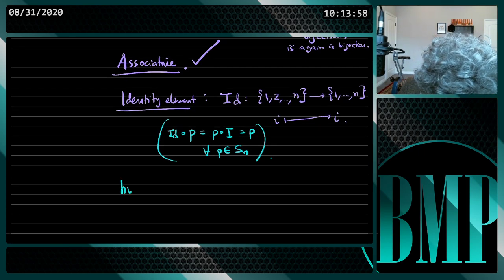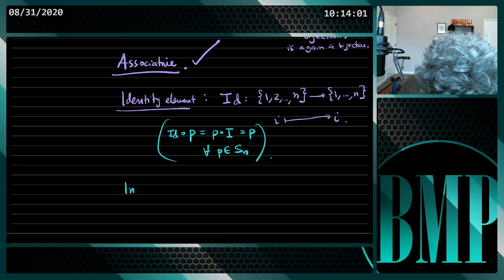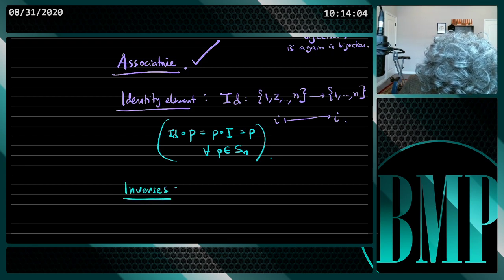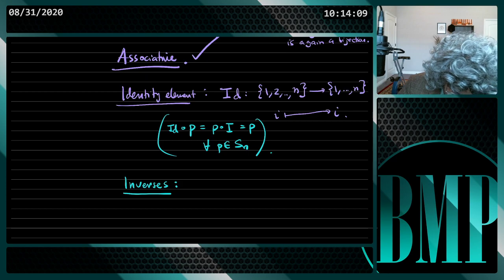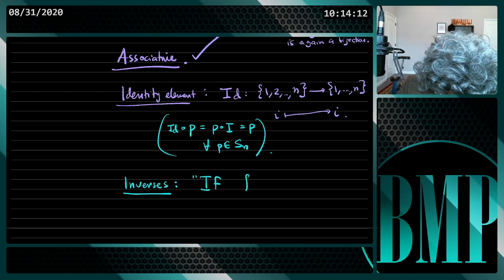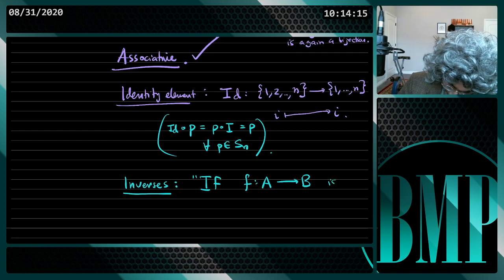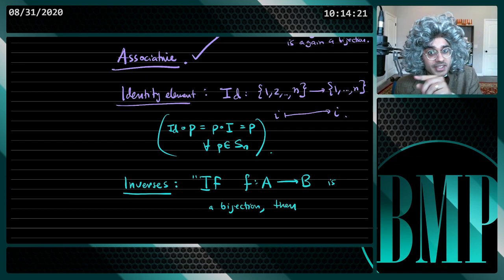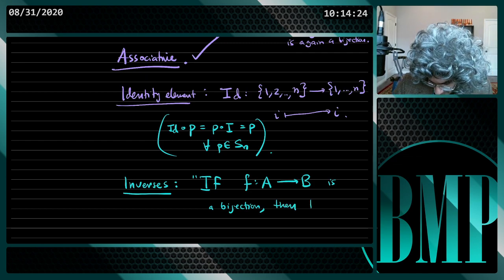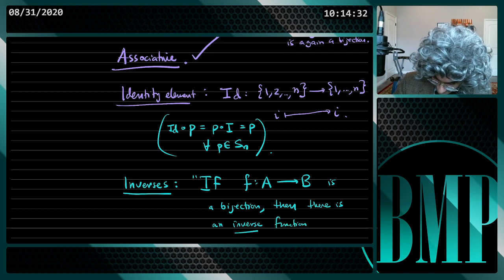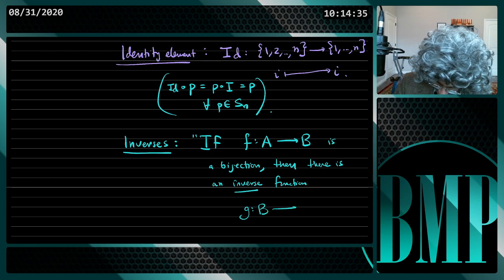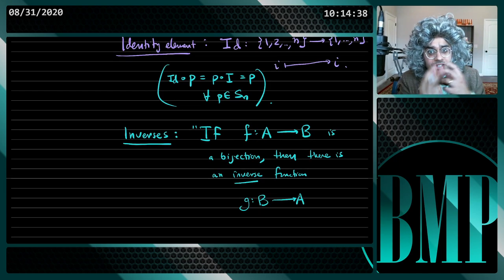Okay. Next, inverses. Inverses exist because if you have a function that's a bijection, then there is a function that goes the other way, backwards, which undoes f.